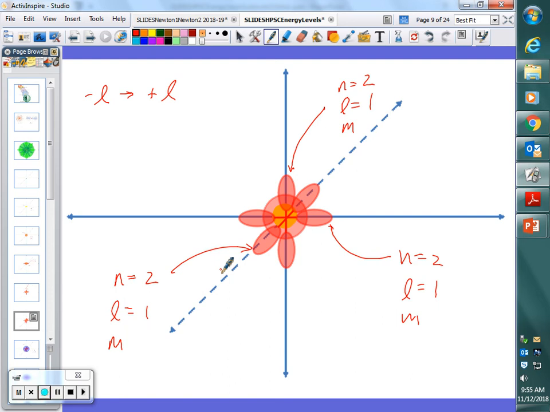So that means that here we can go from negative 1 to positive 1, but what do you have to pass through to get from negative 1 to positive 1? 0. So there are 3 possible values for m in this drawing here: negative 1, 0, or positive 1. Okay?